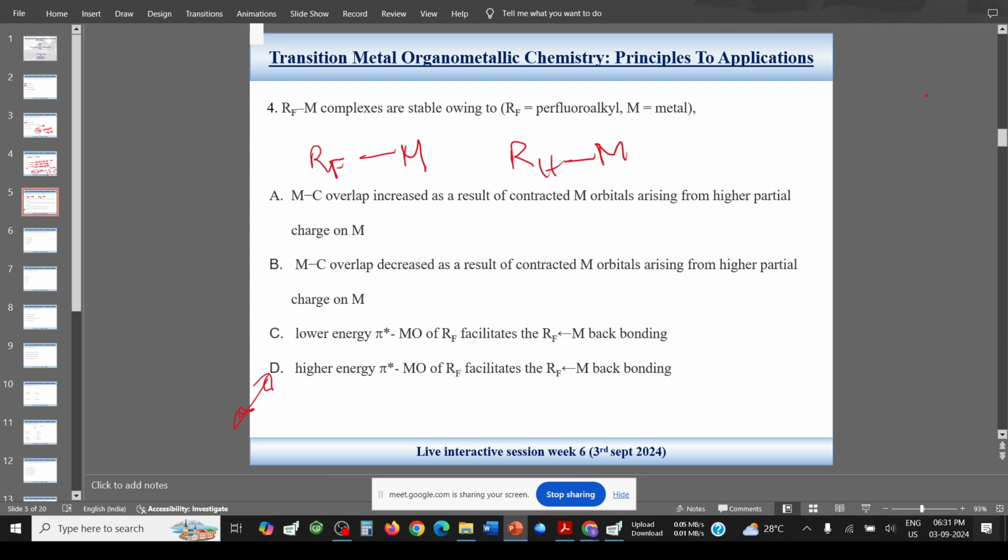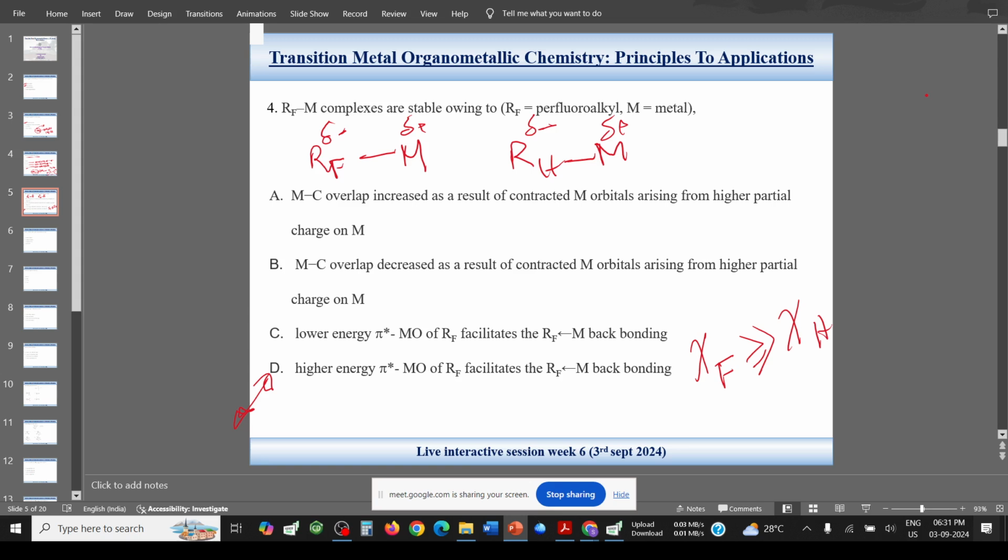Generally both have delta negative on the ligand and the metal is delta positive. But we know that the electronegativity of fluorine is very much greater than the electronegativity of hydrogen.